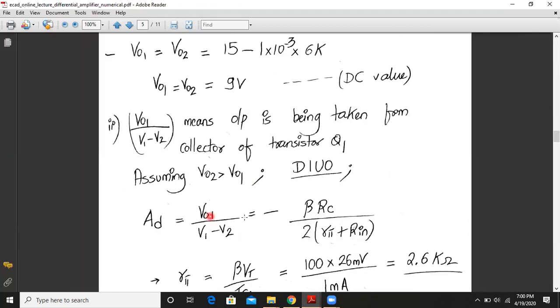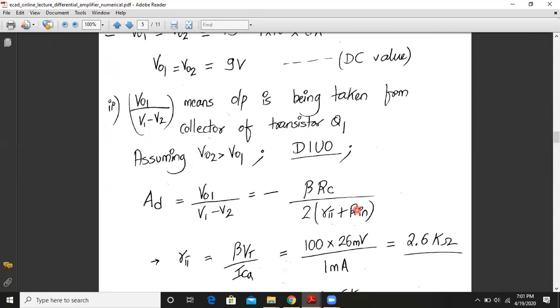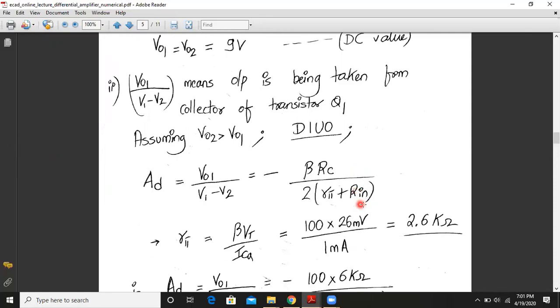Yes, we will use that formula. We have put a minus sign because we have assumed VO2 to be greater than VO1. The minus sign also indicates that the input and the output are out of phase with each other. So the formula is beta RC upon twice R pi plus Rn. Here Rn is 0.